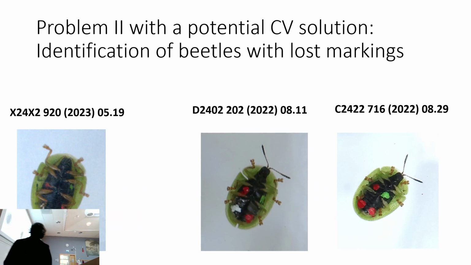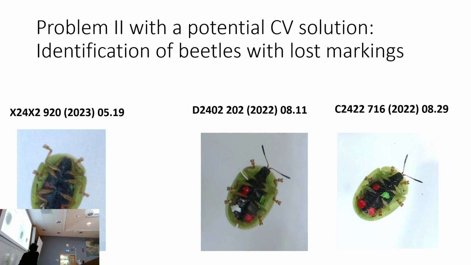The second problem we have is a bit more complex, and so the annoying thing is that sometimes the marking doesn't stick, and when we retrap a beetle, it has lost some of its markings, which means that we need to go back to older pictures to try to see if this beetle was marked before, and compare that to how that beetle looked like when it was marked the first time, right?